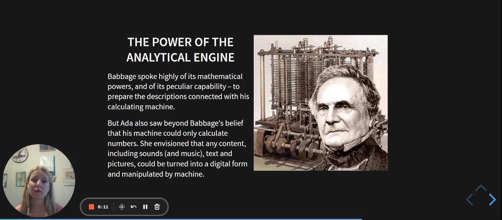Her detailed and elaborate annotations, especially her description of how the analytical engine could be programmed to compute Bernoulli numbers, were excellent. She developed a more abstract understanding of the machine than Babbage had, and got a glimpse of the incredibly powerful idea of universal computation.